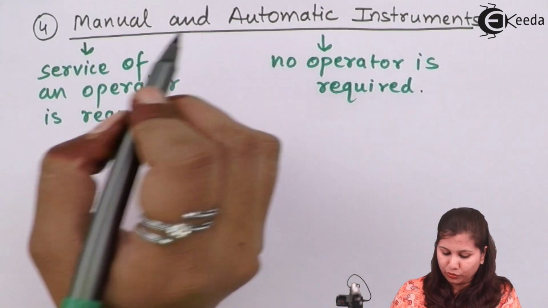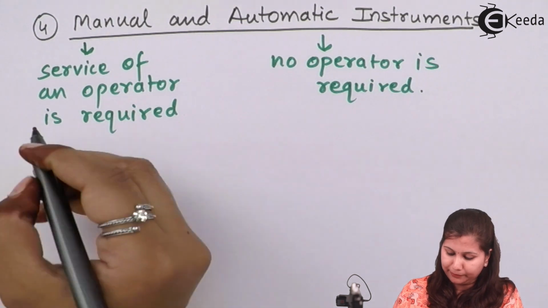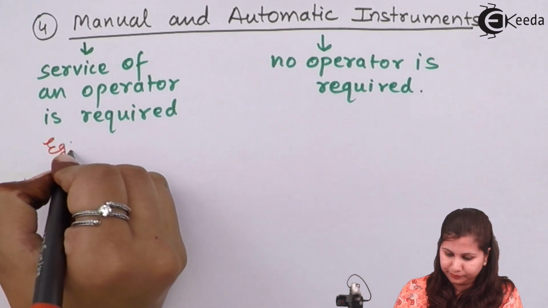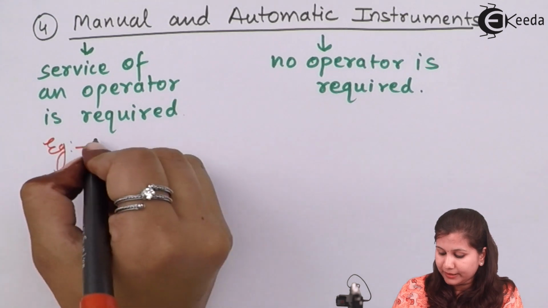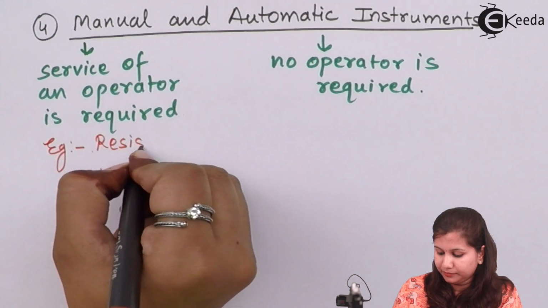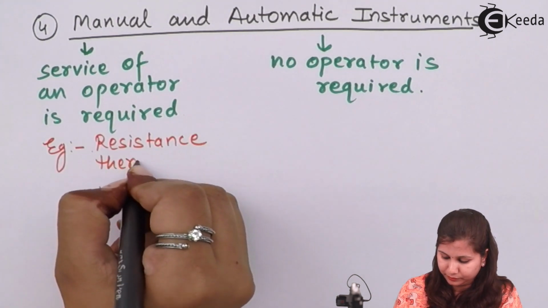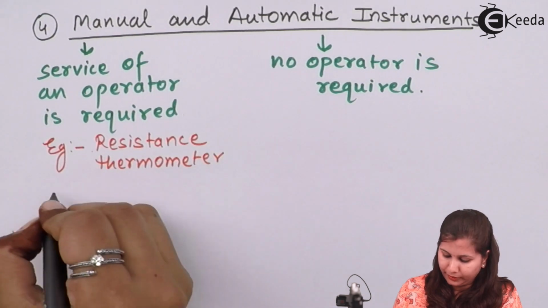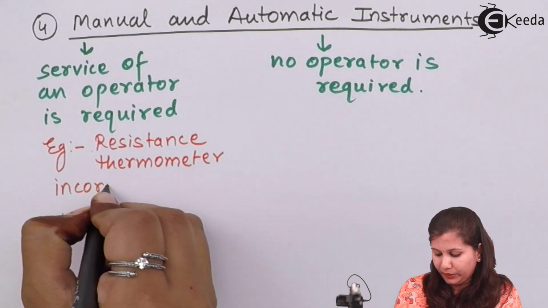If we talk about an example of a manual instrument, the example is a resistance thermometer incorporating a Wheatstone bridge.